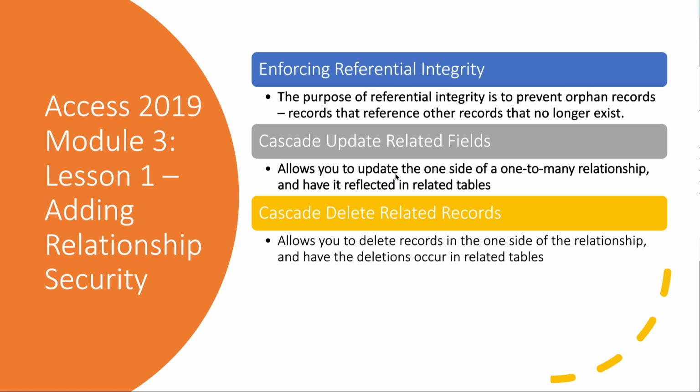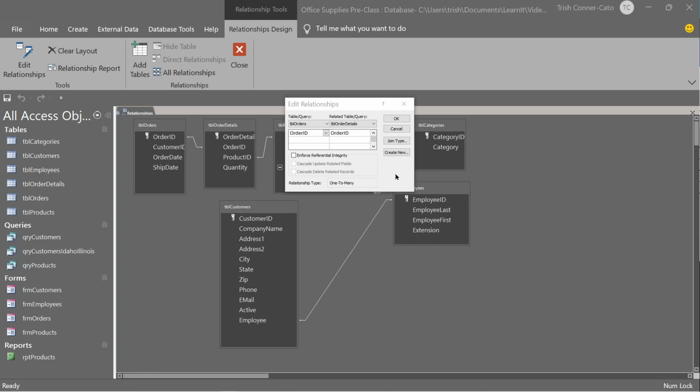So you wouldn't want to delete the related records. I might make a copy of the table and start a new one so that I have the historical one stored somewhere else, something like that.